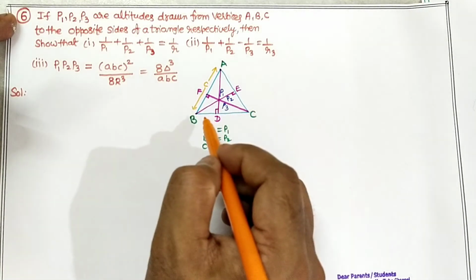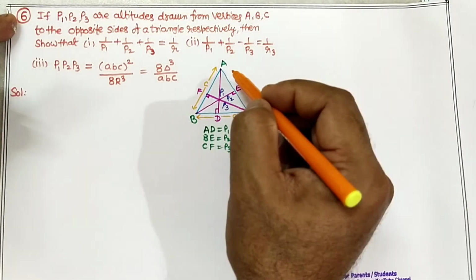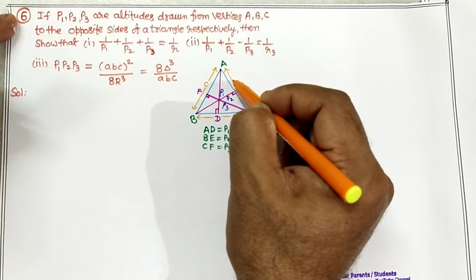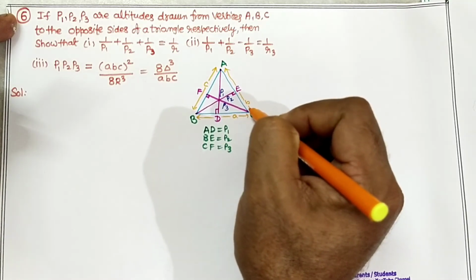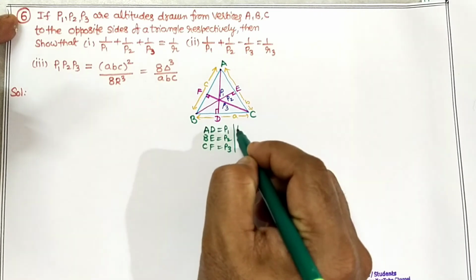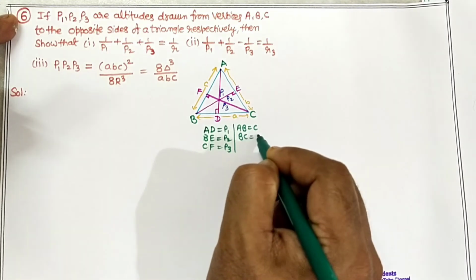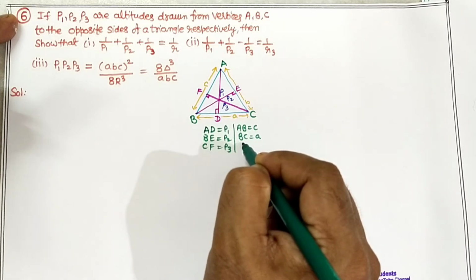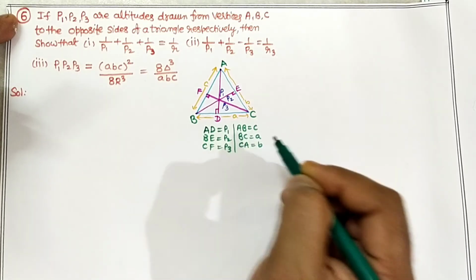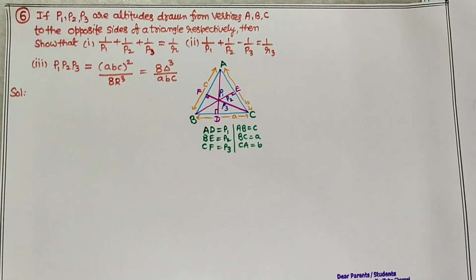And BC, rest of the term is A, so from here to here it is small a. And AC, rest of the term is B, so from here to here it is small b. Even that also we will write it. AB is equal to small c, BC is equal to small a and CA is equal to small b. This information also we require while proving the result now.